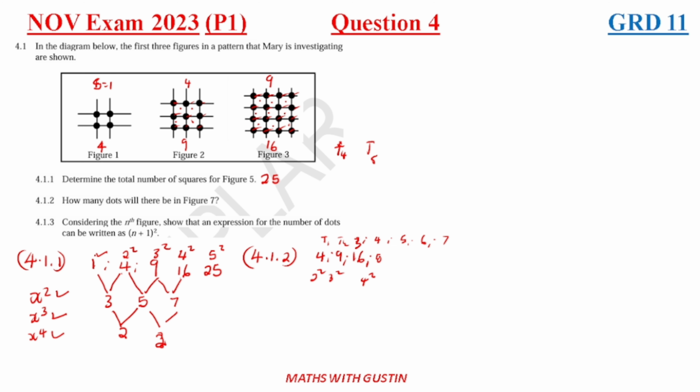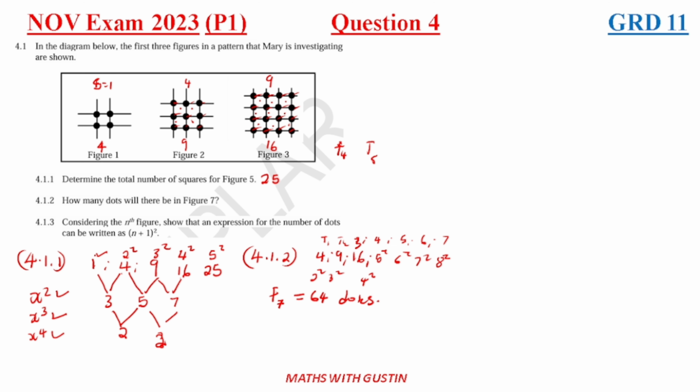Term number 4 is going to be 5 squared, 6 squared, 7 squared, 8 squared. Okay, so 8 squared is equal to 64, which simply means figure 7 here in this case will be 64. So you'll have 64 dots in figure 7.